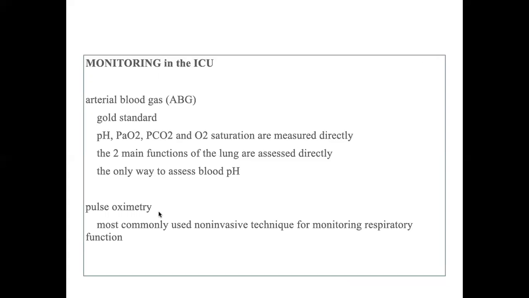If you're only after the oxygen saturation, the pulse oximetry could be used, and this is not expensive, non-invasive, such that it is now the most commonly used technique for monitoring respiratory function.